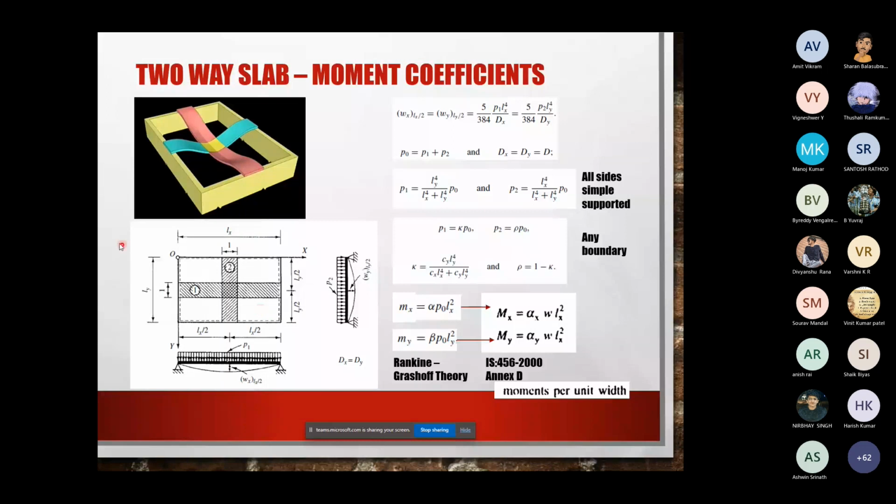In this case, you have a function of x and y. It's a two variable. You'll have a two variable differential equation, and not only that, the order of the differential equation will be fourth order. Okay, so if anybody is curious, they can Google Kirchhoff plate theory. Kirchhoff, the same Kirchhoff as you have seen in electrical circuits.